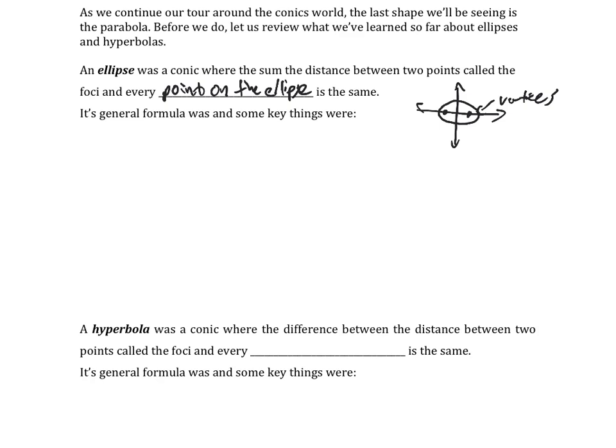The formula we used was x squared over a squared plus y squared over b squared equals 1. This would be considered a horizontal ellipse.